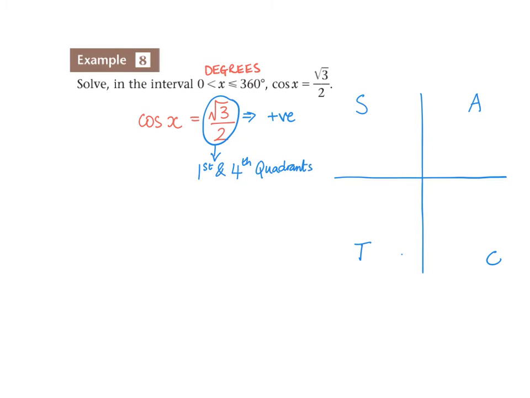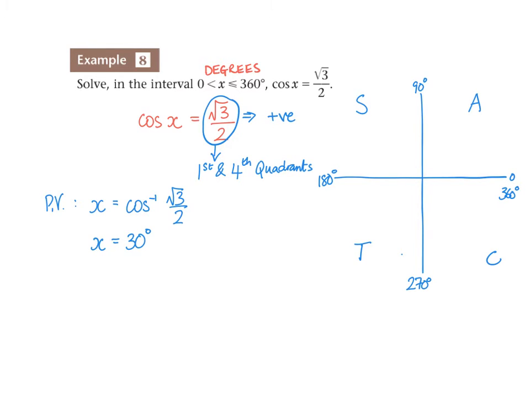We now have to find a principal value, or the little acute angle, and we're going from 0 right the way around to 360. So to find x, the principal value, it's equal to the inverse cos of root 3 upon 2. And that should be familiar to you as x being 30 degrees.